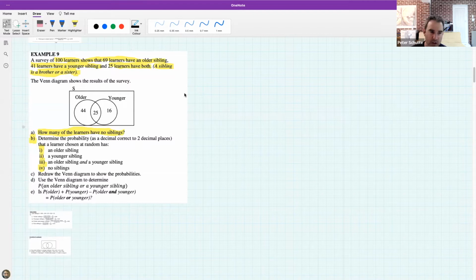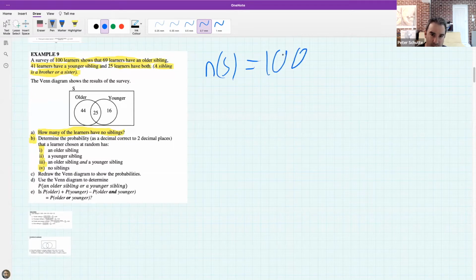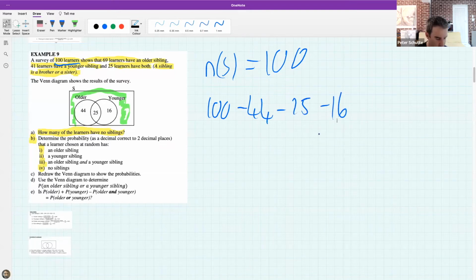And so what we should be saying is the size of the sample space, n(S), is 100. In order to find out what this region is out here in the Venn diagram, we need to go 100 minus 44 minus 25 minus 16.